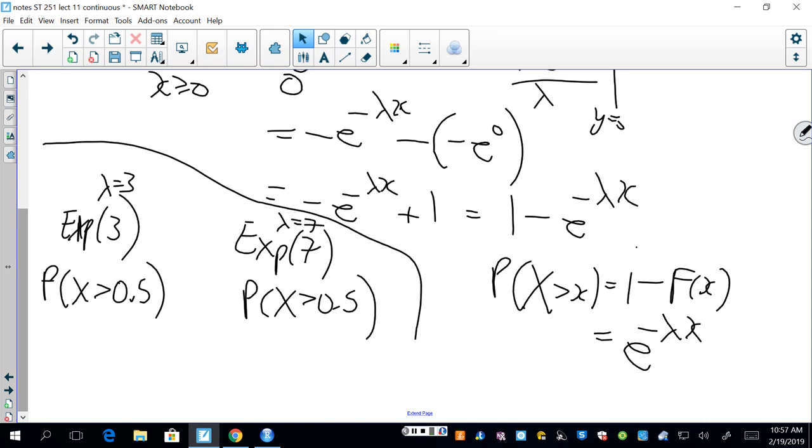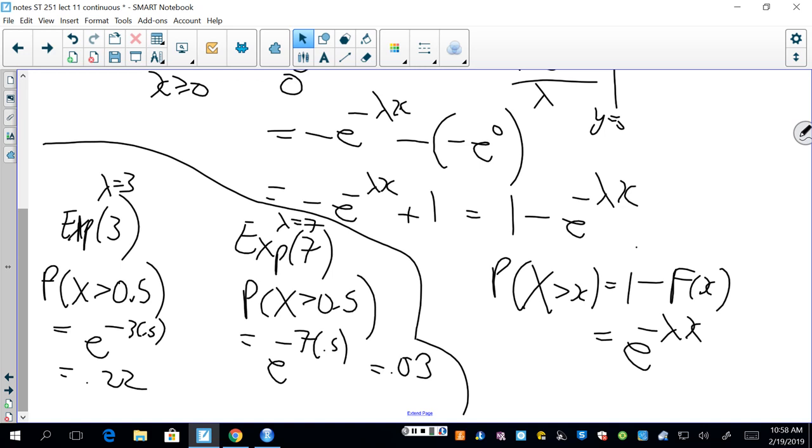Which of these probabilities is bigger? So e to the negative 3 times 0.5 here, and this one is e to the negative 7 times 0.5. This one turns out to be about 22% of the time, whereas this one is just about 3% of the time.